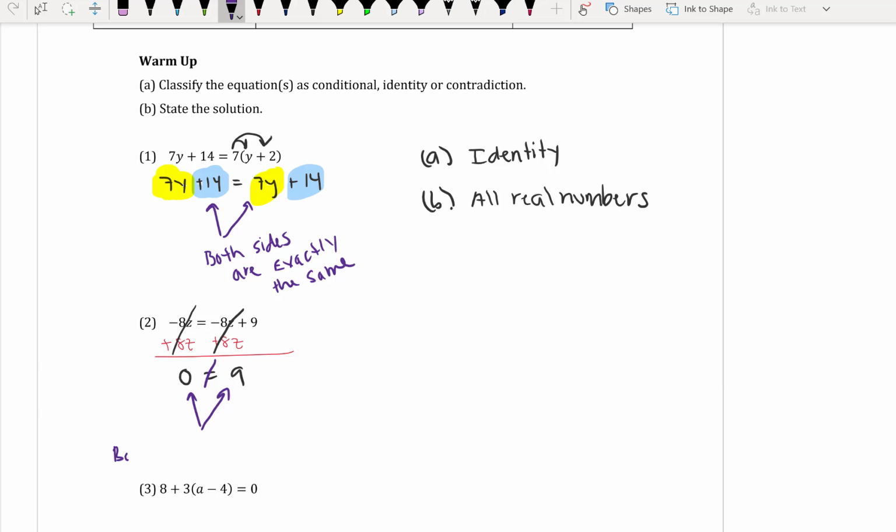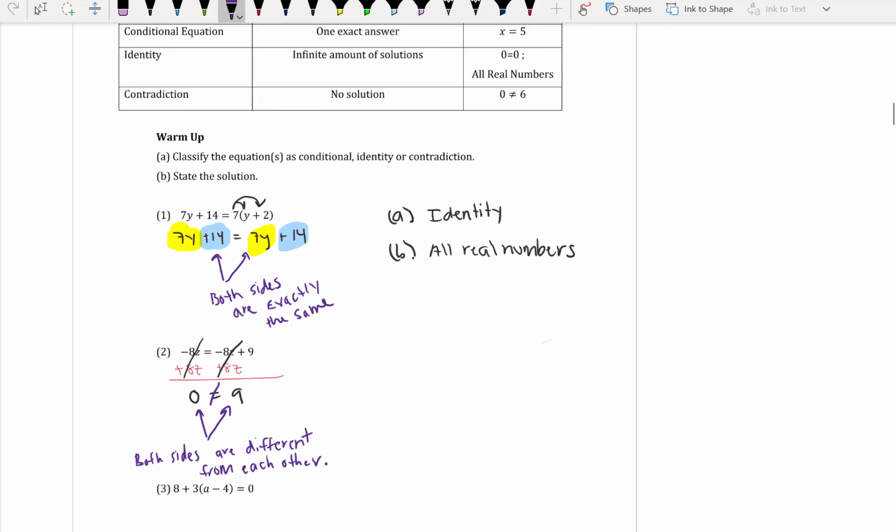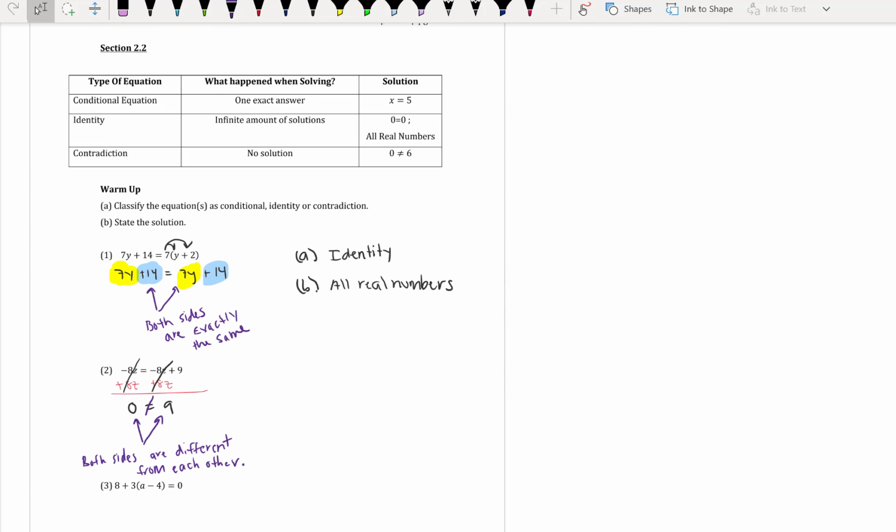So both sides are different from each other. Since both sides are different from each other, then we are going to think about contradiction.